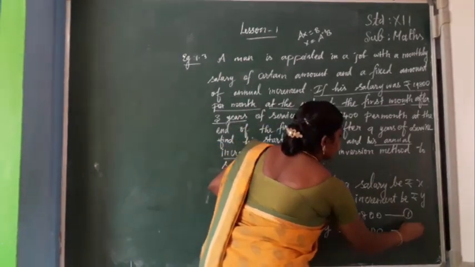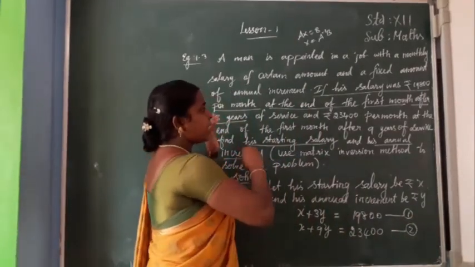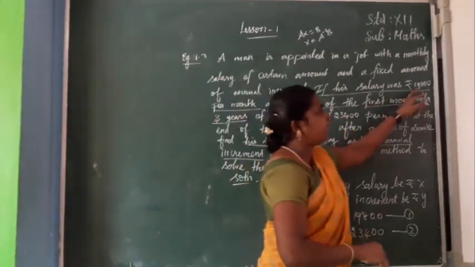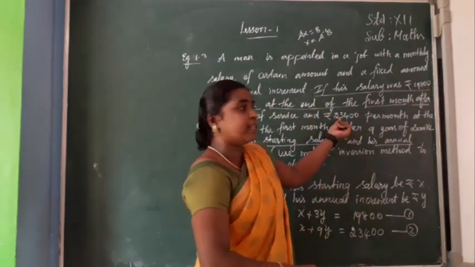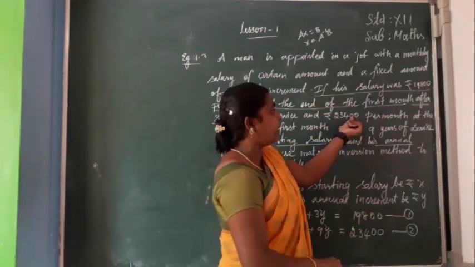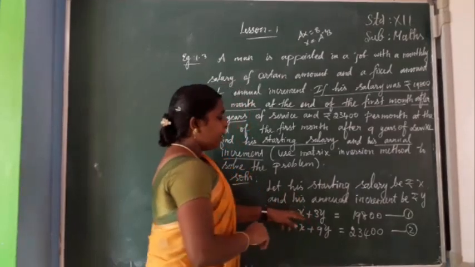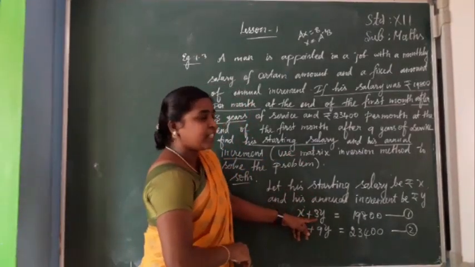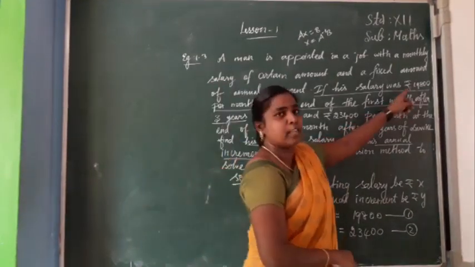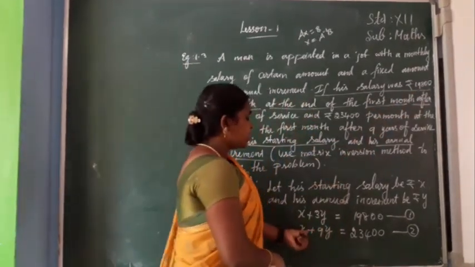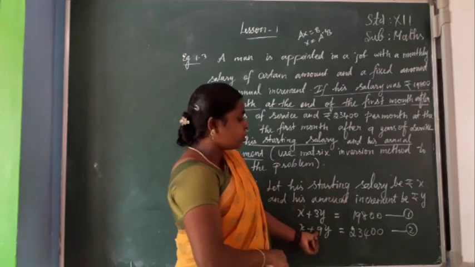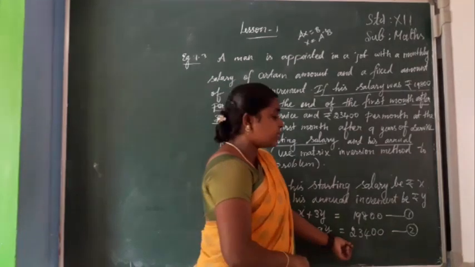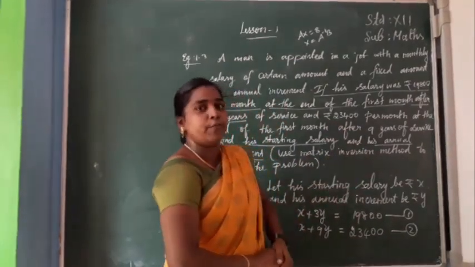Once again, listen: the starting salary we don't know. The first amount is the starting salary plus the 3 years increment. Then the second is the starting salary plus the increment after 9 years. If you add them, that is the next amount, 23,400.